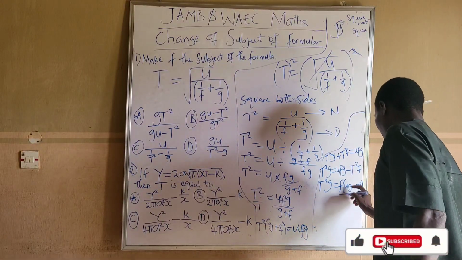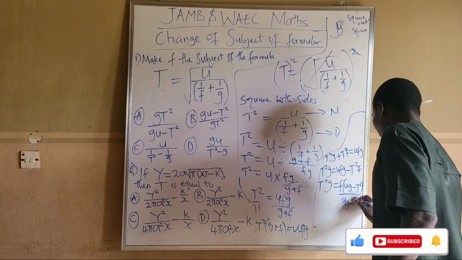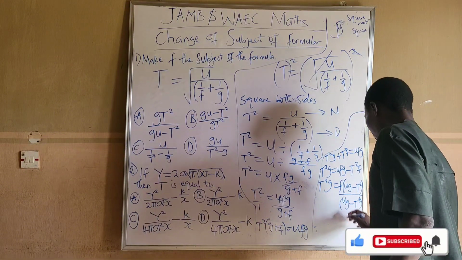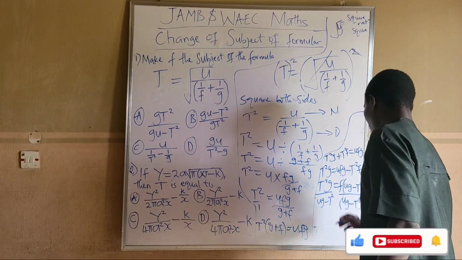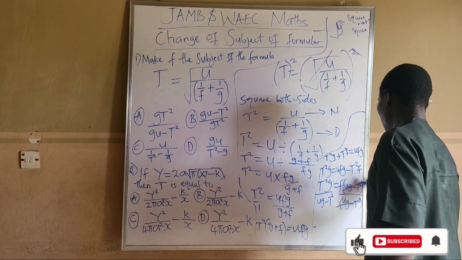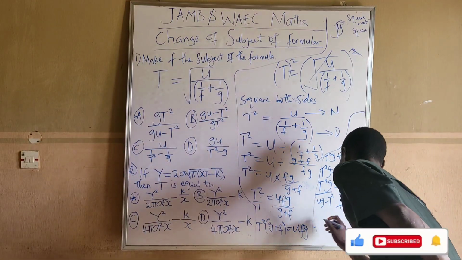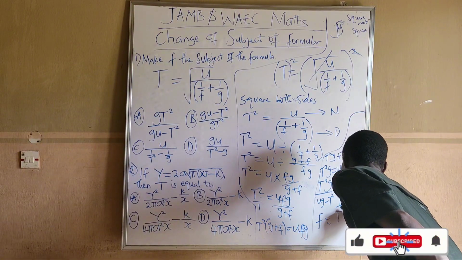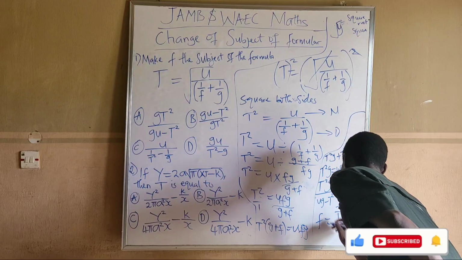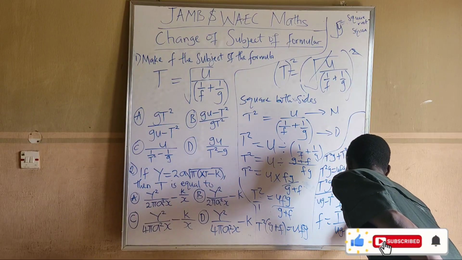So the coefficient is ug minus t square. Okay, so this we cancel this. Now we are left with f. So f equals to t square g over ug minus t square.